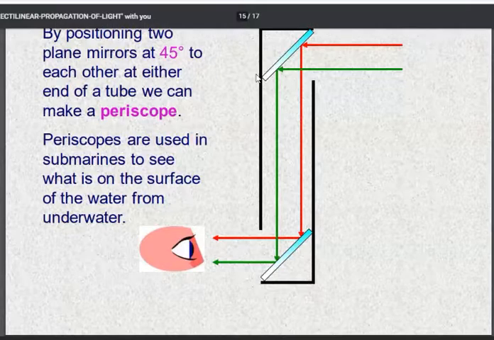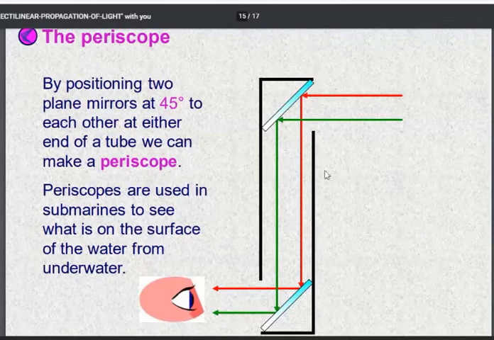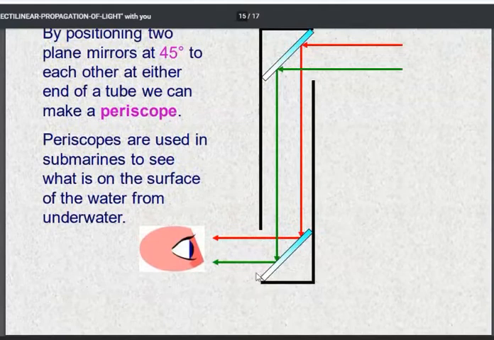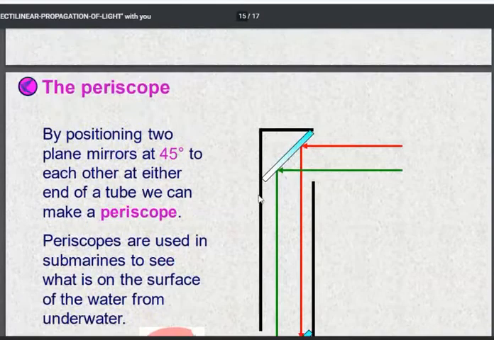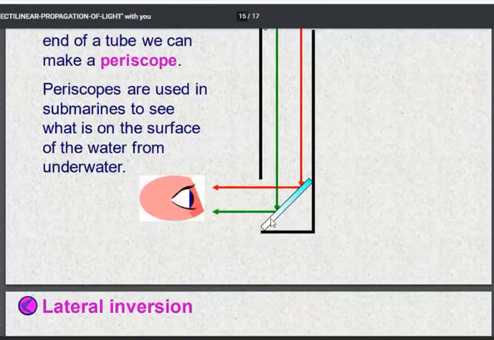You see here, this is a plane mirror and this is also a plane mirror, and this is a hollow pipe with an opaque boundary. In this hollow pipe at these corners are two mirrors. One is this one at 45 degrees, another is this one at 45 degrees with respect to this one.